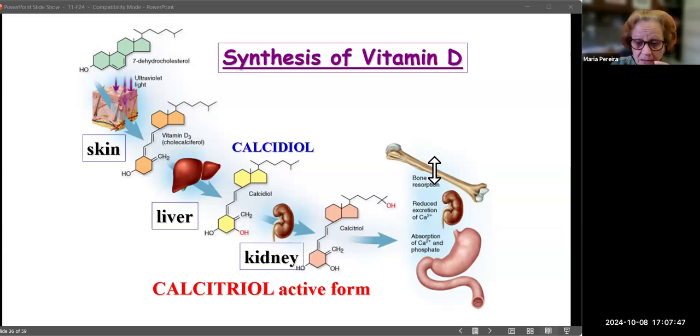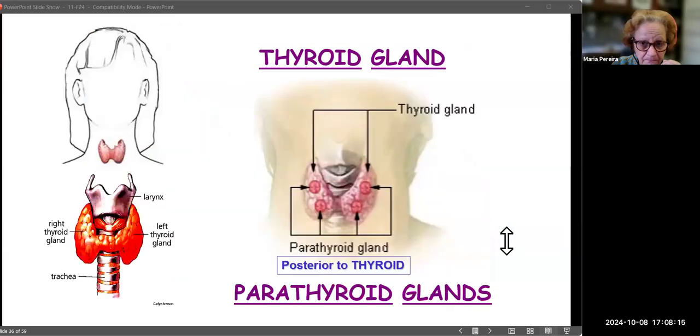It slows down the osteoclasts, so there's more calcium remaining on the bone. It reduces how much calcium is excreted by the kidney, and it increases absorption of calcium by the gut. So that's the function of vitamin D.